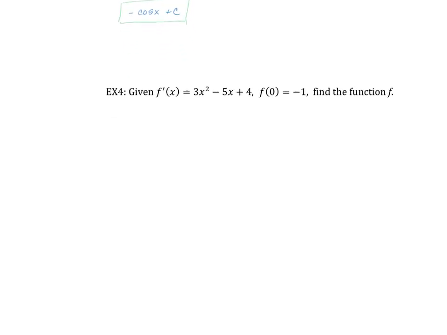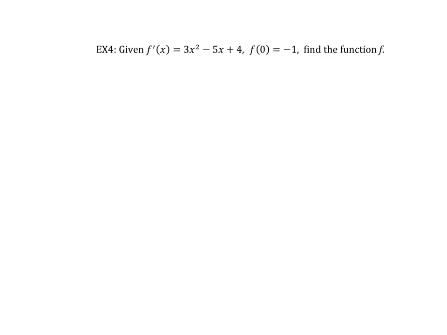So what happens if you have a derivative but you don't have a function and you want to go backwards and find your original function from a derivative? That's what we have in example 4. We have this derivative, 3x² − 5x + 4, and we're supposed to find the function f. So if we go backwards from the derivative to the function, that means we're going to use the antiderivative or the integral.